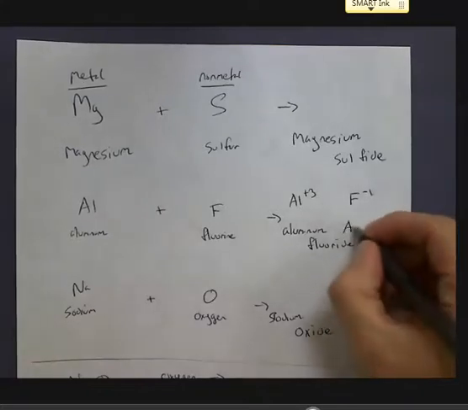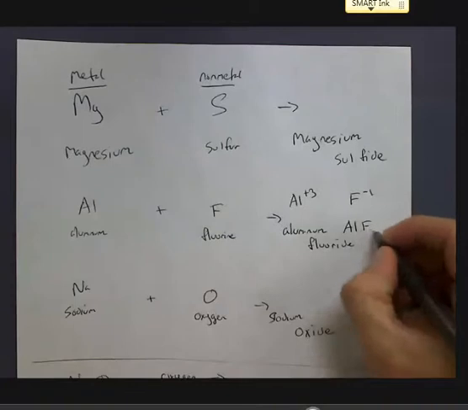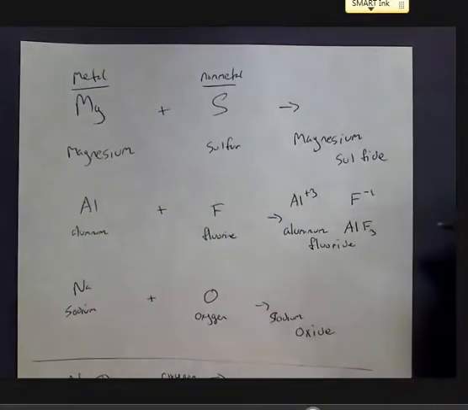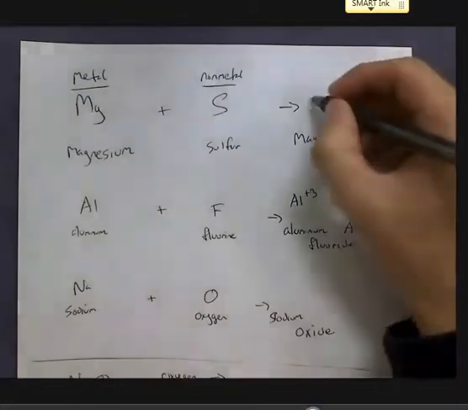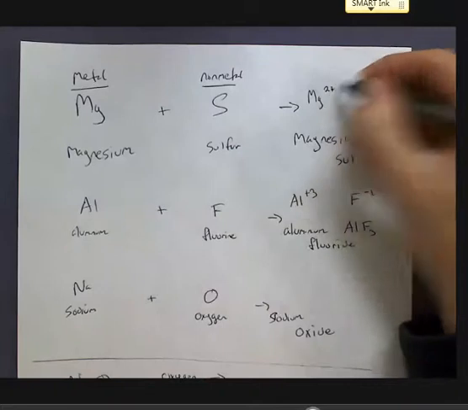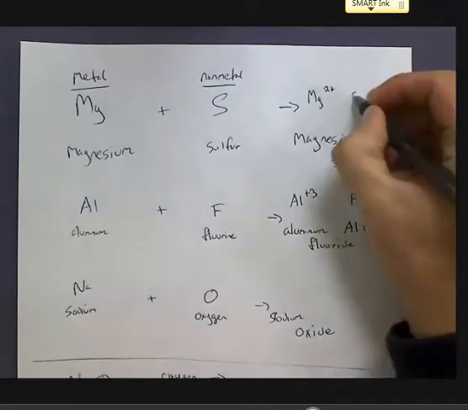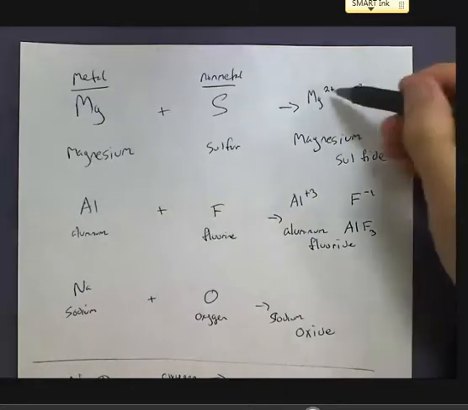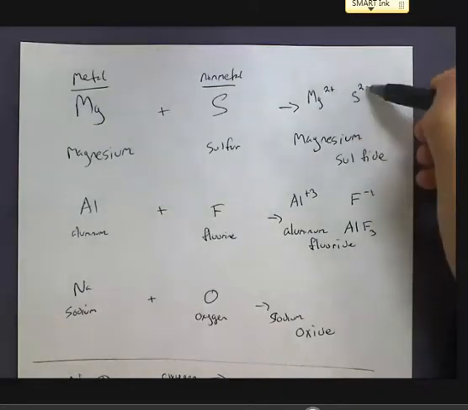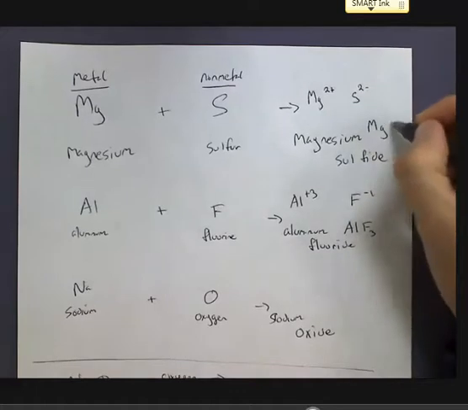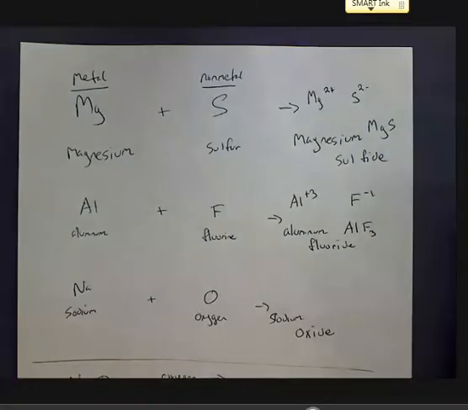Aluminum fluoride would look like this: Al, 1 aluminum, F3, 3 fluorines. Let's try the same thing up here. Magnesium, we know, wants to be a +2. Sulfur also wants to be a -2. Well, we've already got Mg2+, S2-, 2 and 2. It balances out. We just need 1 Mg and 1 S.